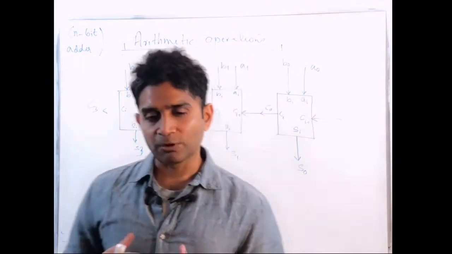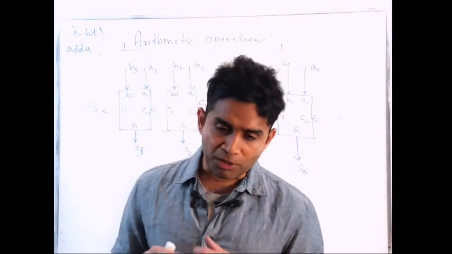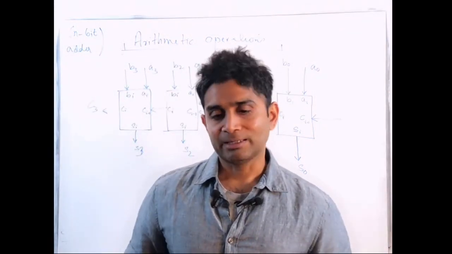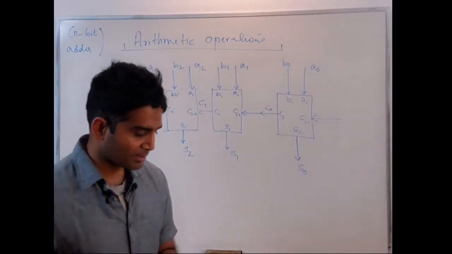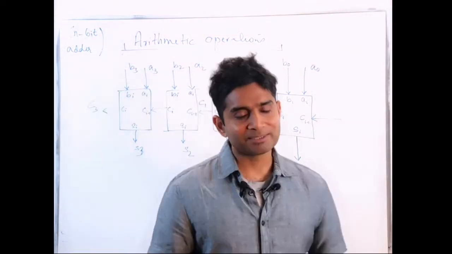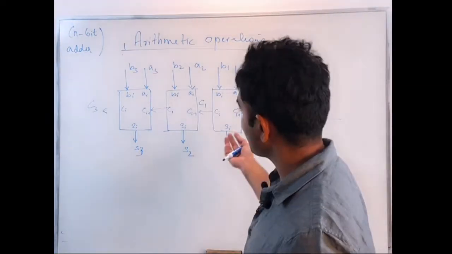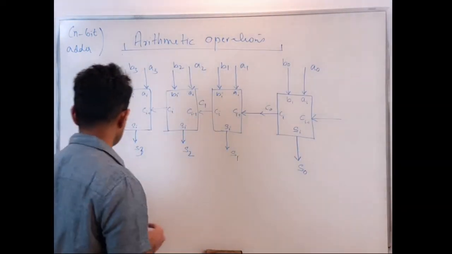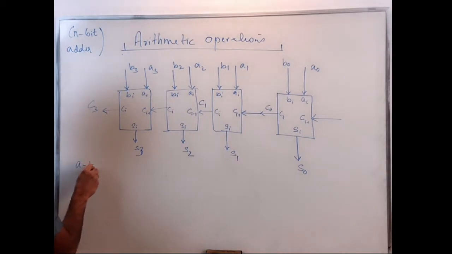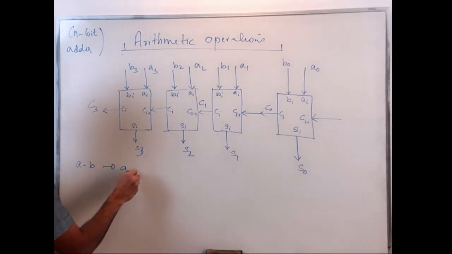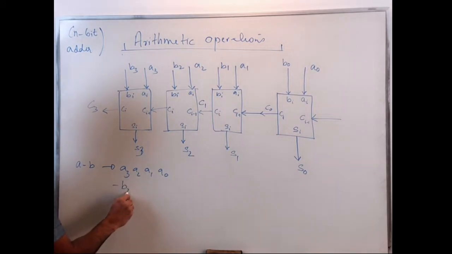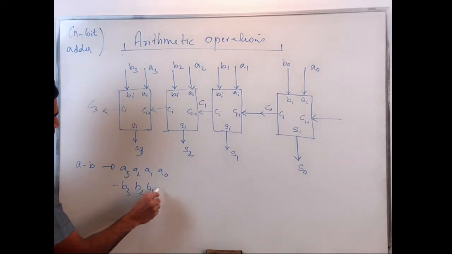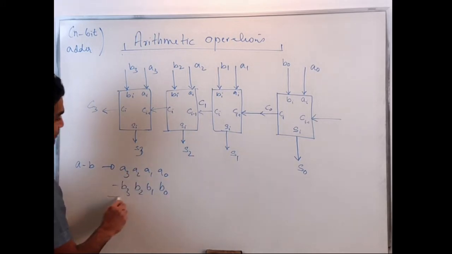Now, if I want to modify that so that I can make a subtractor circuit, what should I do? Can you suggest a way to modify that to perform the subtraction operation? Let's say I want to do A minus B, which corresponds to A3, A2, A1, A0 minus B3, B2, B1, B0.